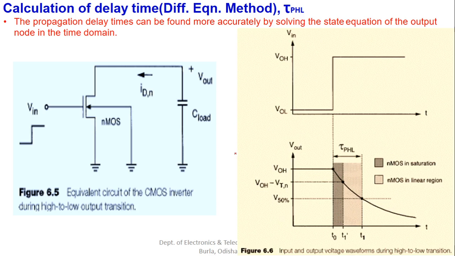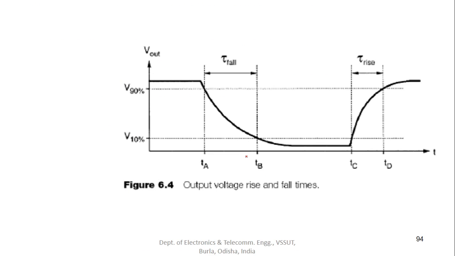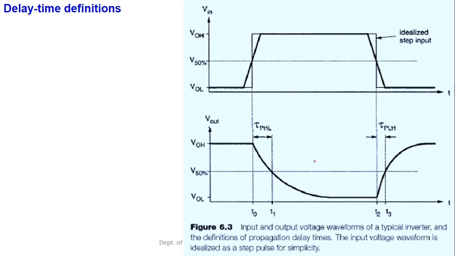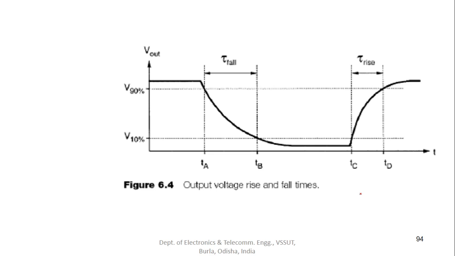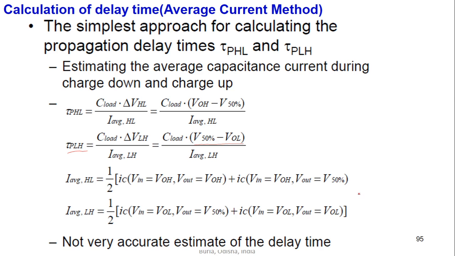We can see here in this diagram, when output is rising, follow this path, it is rising from VOL mark to V50% mark. So basically the difference is V50% minus VOL in the output voltage level. So that's why it's written here like that, V50% minus VOL by I average LH.